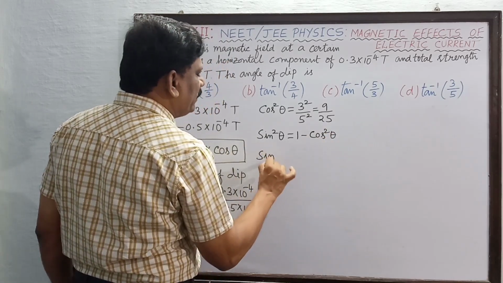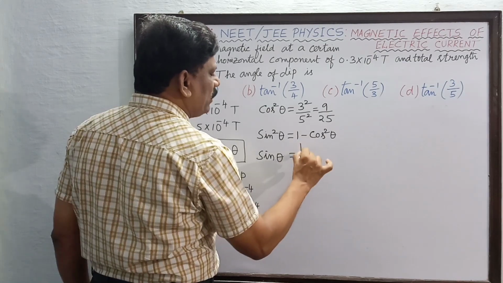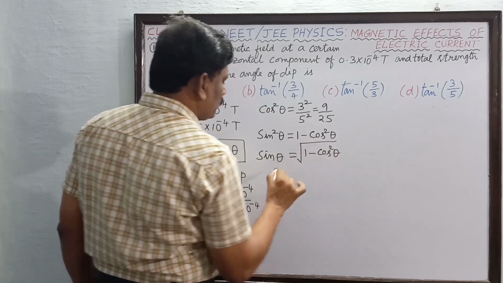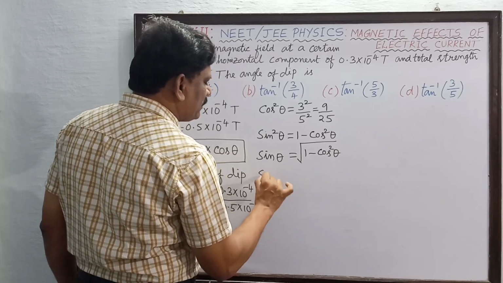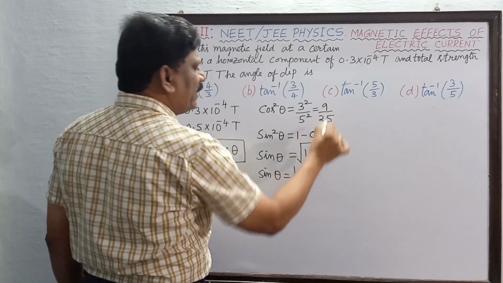Therefore sin θ is equal to the square root of 1 minus cos² θ. So sin θ is equal to the square root of 1 minus 9 by 25.